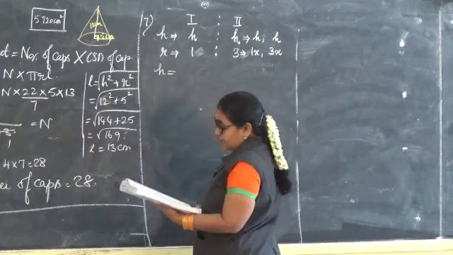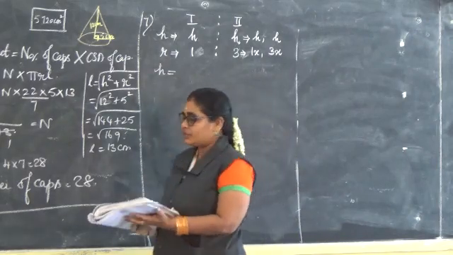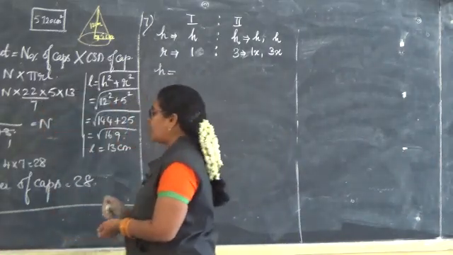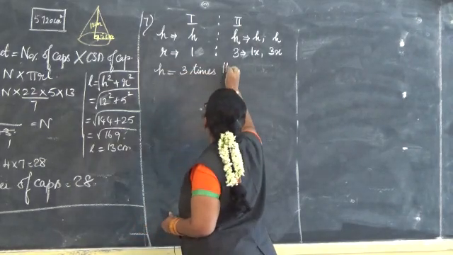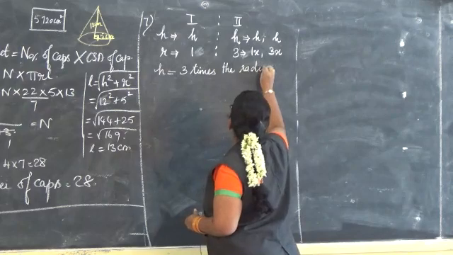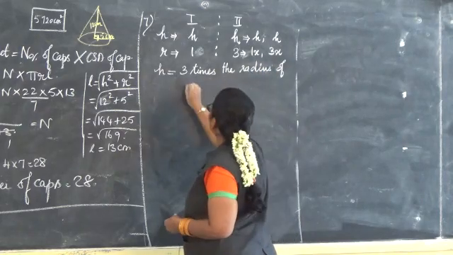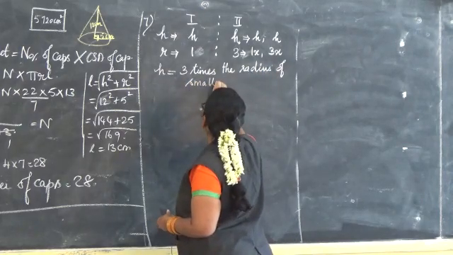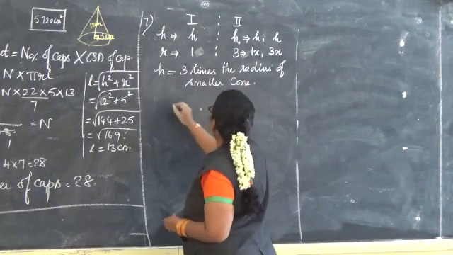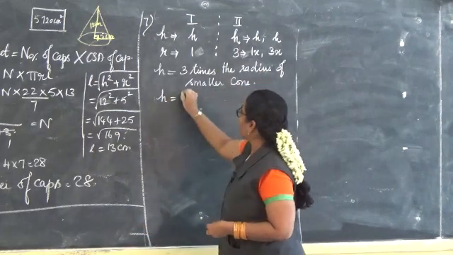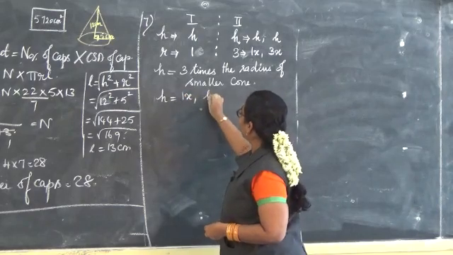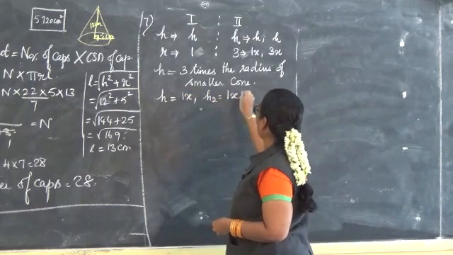When h is 3 times the radius of the smaller cone. Then what will be the h1? h1 will be 3 times the radius of the smaller cone, 3x, and h2 will be again 3x.